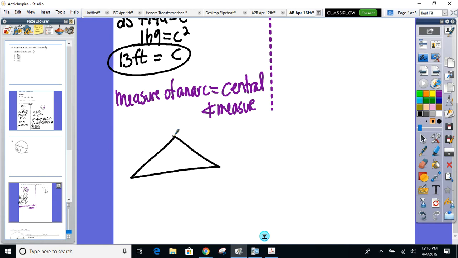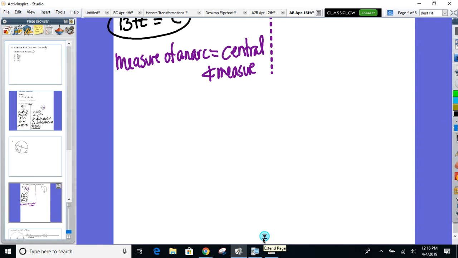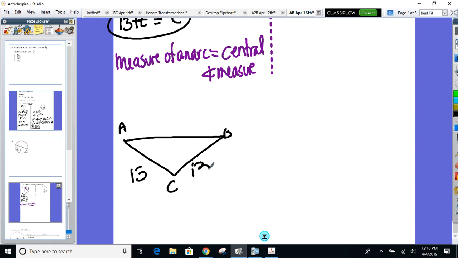So I have, let me draw it a different way like it is on your paper. So I have A, B, C, and I have 13, 13, 24, and you're trying to find this central angle right here, that is equal to your arc AB.